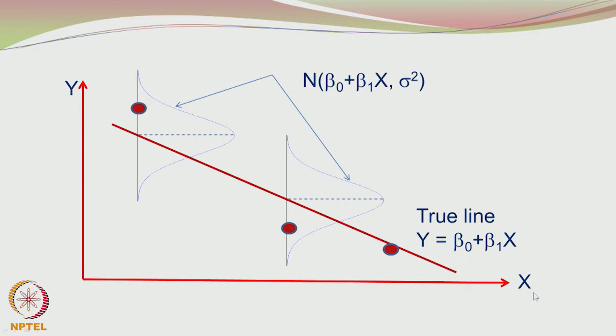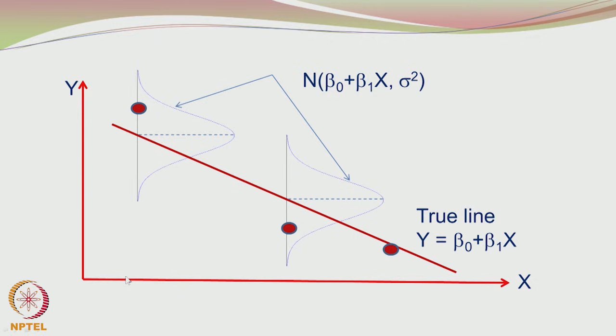variable influencing the response. So, we have these experimental responses distributed around a mean value given by beta naught plus beta 1 x.